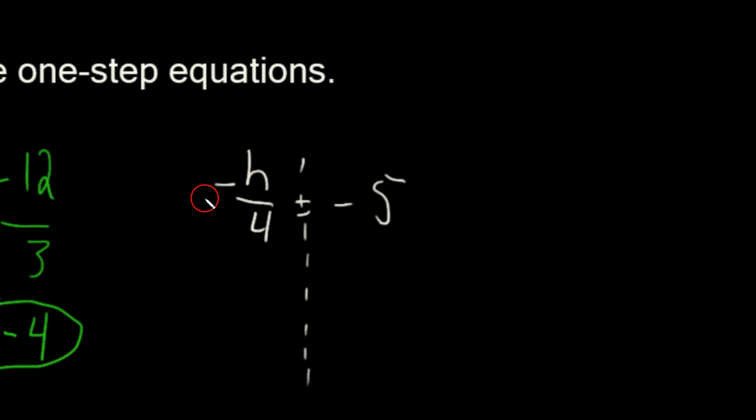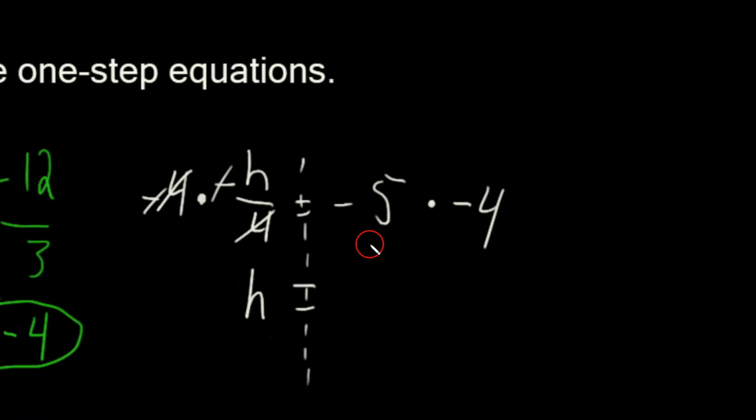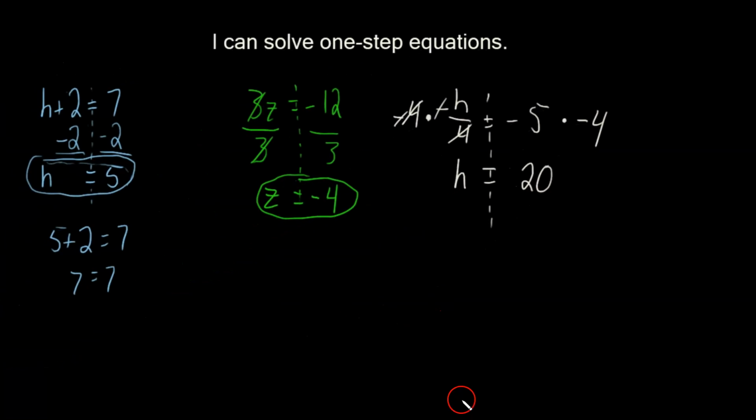Well, let's multiply by negative 4. And if you divide this left side by negative 4, you also need to multiply the right side by negative 4. Negative 4 times negative 4 is just 1, so they undo each other, and the negatives also undo each other. So all that we're left with now is h equals negative 5 times negative 4. Well, that's going to be 20. So here we go. We get h equals 20.